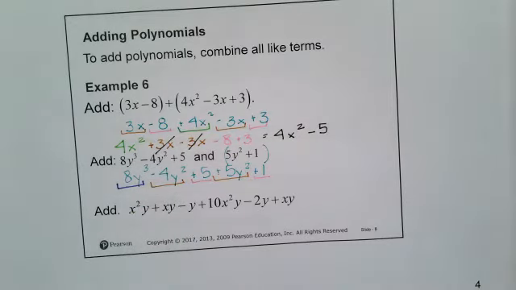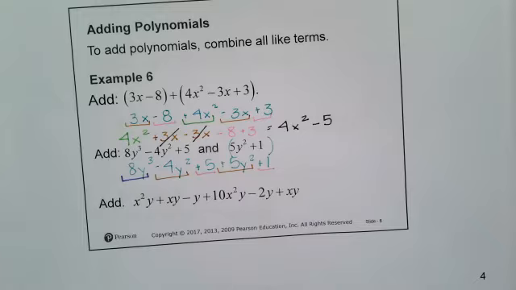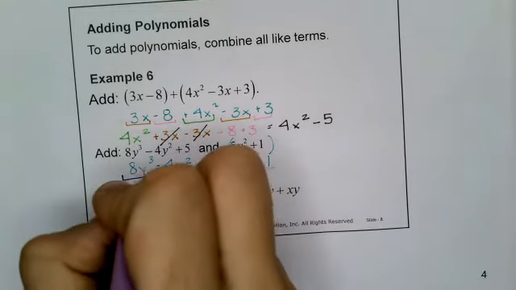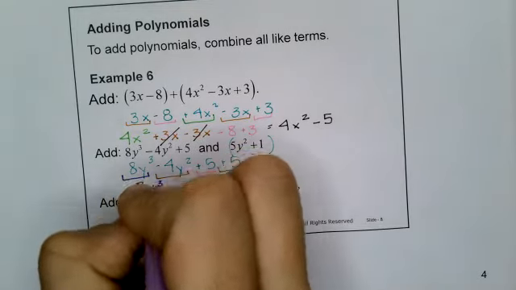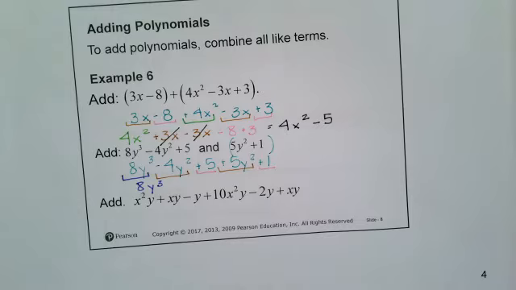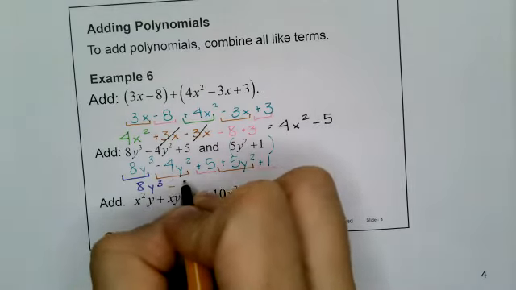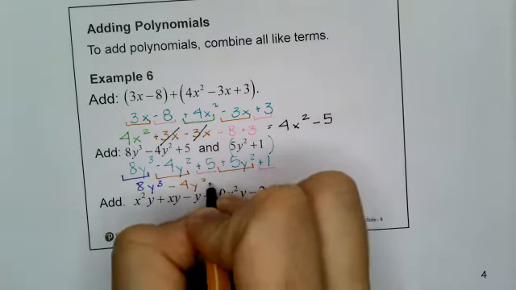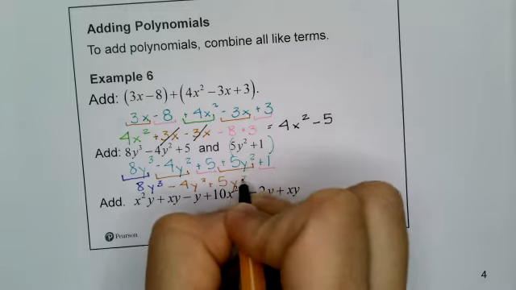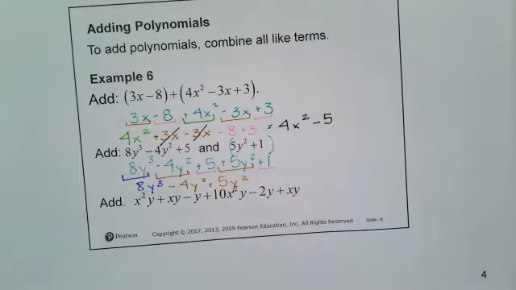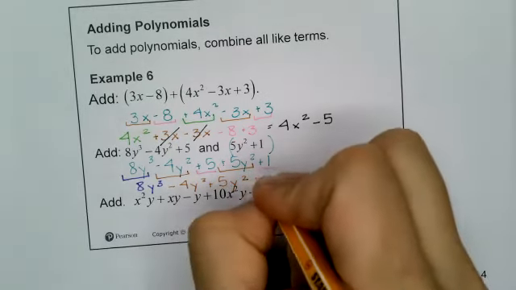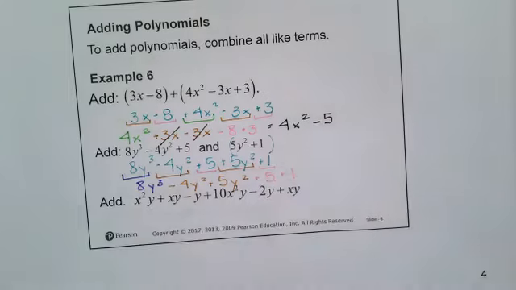Good. So that just becomes 8y cubed minus 4y squared plus 5y squared plus 5 plus 1.